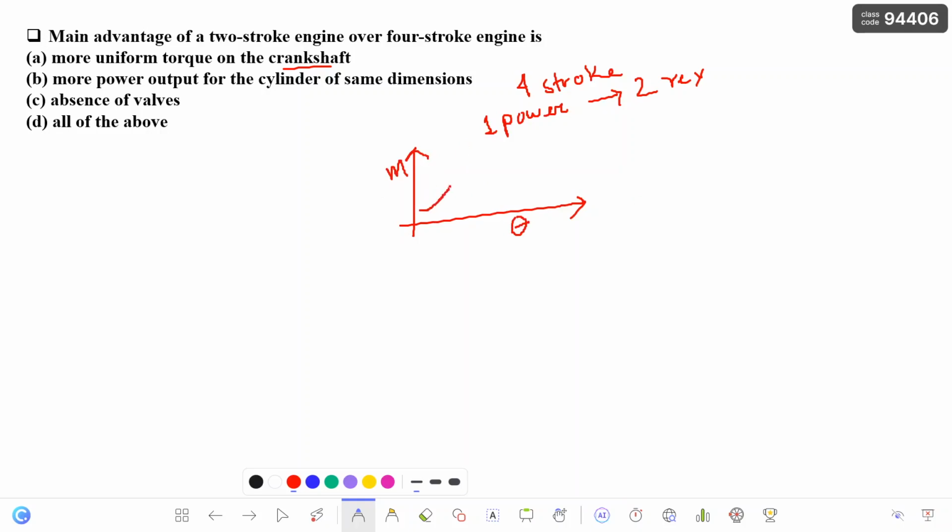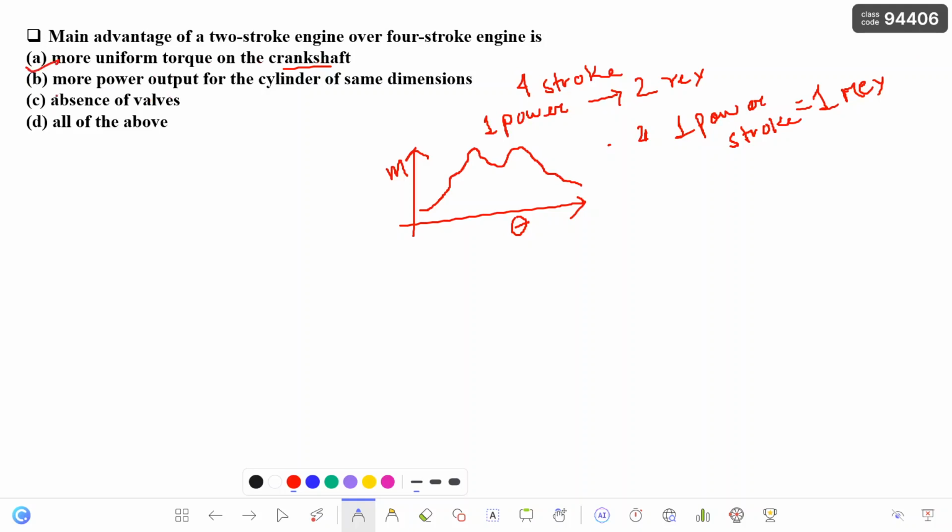You will find that it will not be uniform in the case of a 4-stroke, but it will be uniform in the case of a 2-stroke, because there will be one power stroke in one revolution. So of course there will be more uniform torque in a 2-stroke engine.